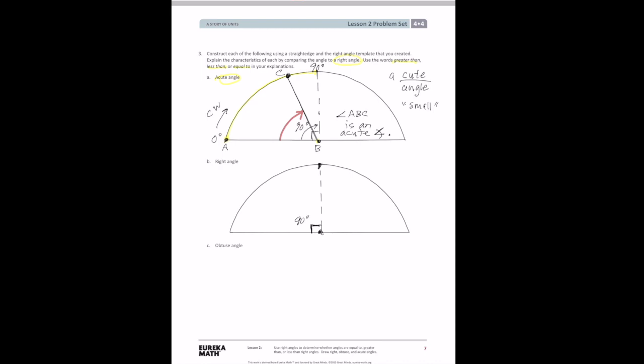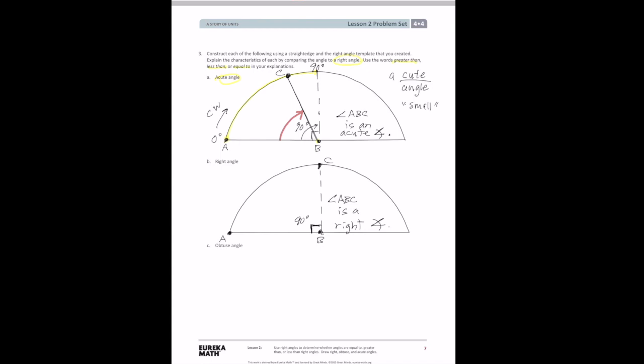So what is the definition of 90? Well, it's a right angle. So if that was angle ABC, in this case, angle ABC is a right angle. Okay.